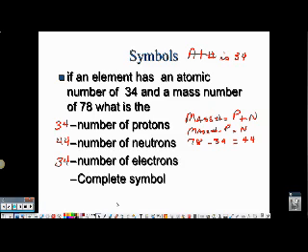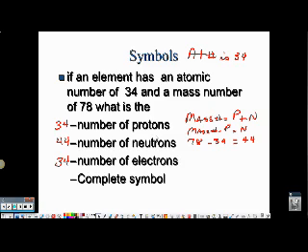So look at your periodic table, either the one I gave you the other day or the one in the back of your book. Find number 34. Everybody find number 34 because that's the atomic number. And when I find number 34, I find that that element is Se.